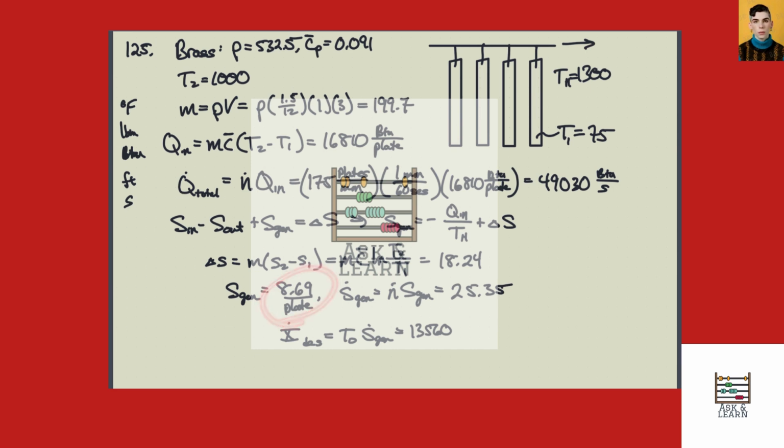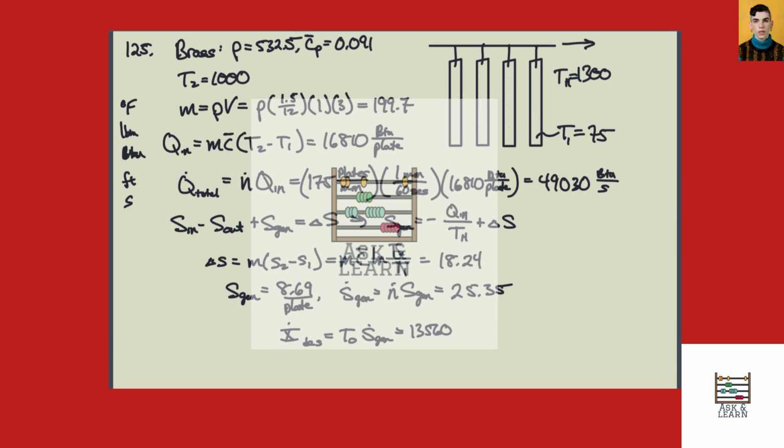So we wind up with an entropy generated of about 8.69 BTU per pound mass Rankine per plate. We multiply by the number flow rate of the plates, and we get the total rate of entropy generated: 25.35 BTU per second per Rankine.